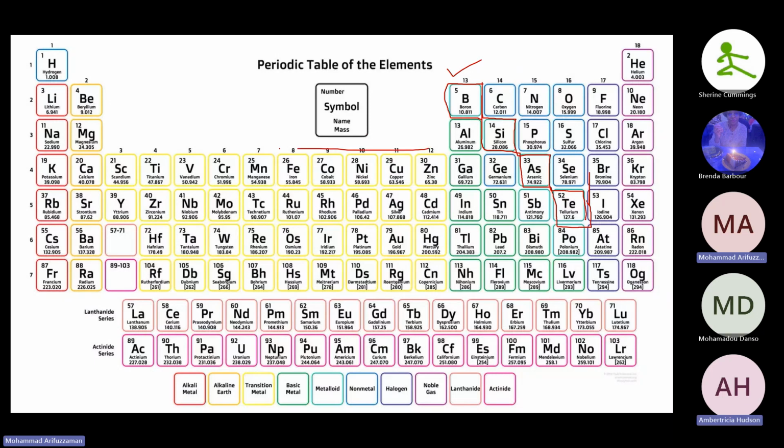So these are the metals, and these are the non-metals, and these are metalloids. Even you can see the green circle. They didn't draw the zigzag line clearly. These all are metalloids. So what are metalloids? They have both metal and non-metal properties.